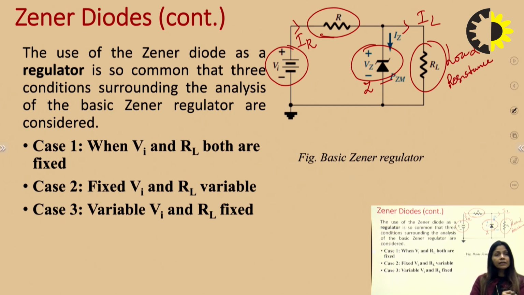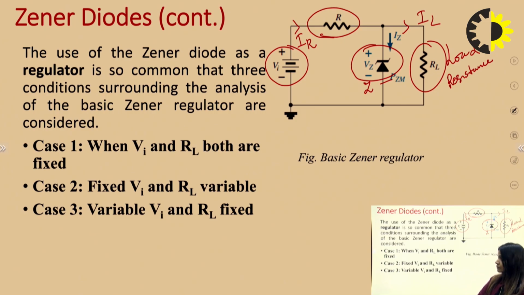The second case would be where RL is the variable component and the input voltage Vi is fixed. In the third case, the opposite of the second case, Vi will be variable and RL is fixed. So we will analyze these circuits in three cases.